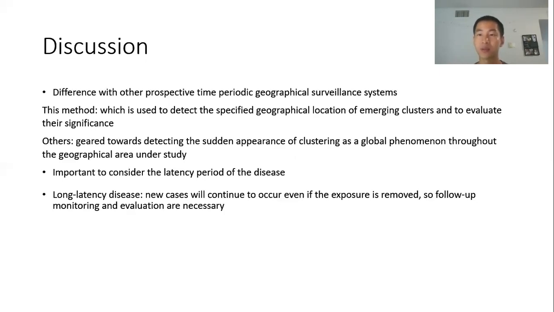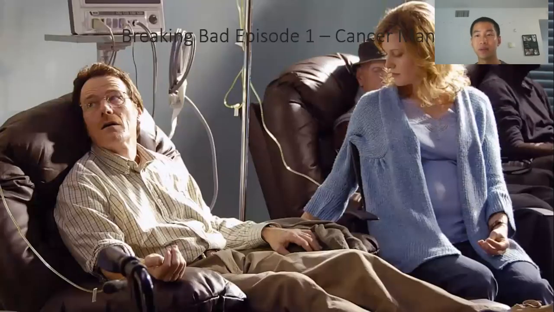So let's go back to the TV show Breaking Bad. As I just mentioned, the long latency period plays a role in the study. So the main character, Walter, in that TV show, was exposed back in the 1980s, and he was diagnosed with cancer more than 2 decades later.